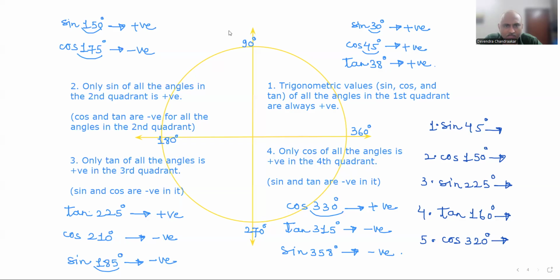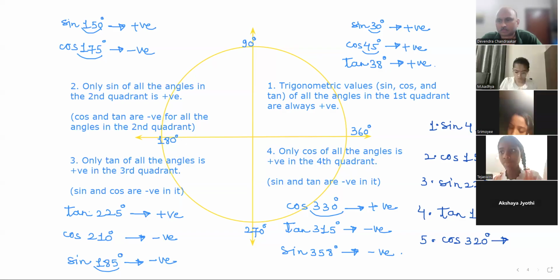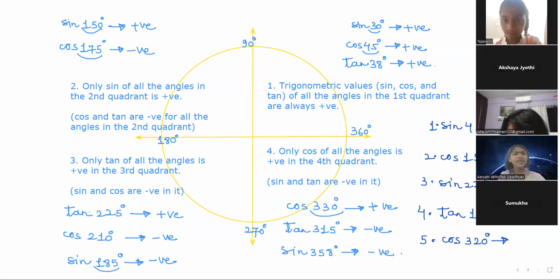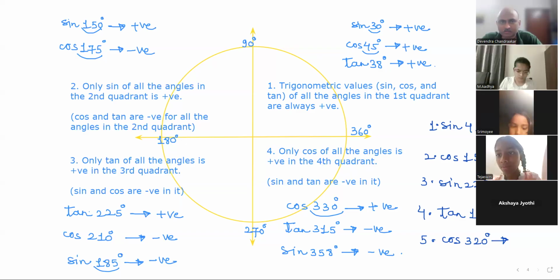Isha, I am waiting for your answer. Isha, Akshaya, send me your answer, kids. Srimohi, you sent me the answer?